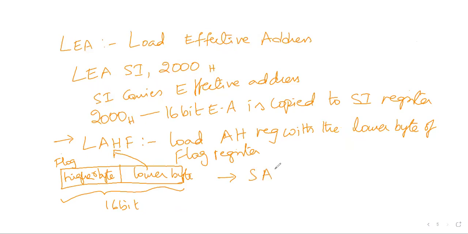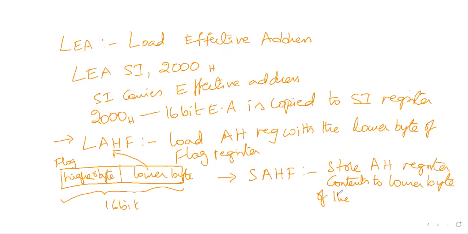LAHF loads the AH register with the lower byte of the flag register. Now this is SAHF. That means store the AH register contents to the lower byte of the flag register.